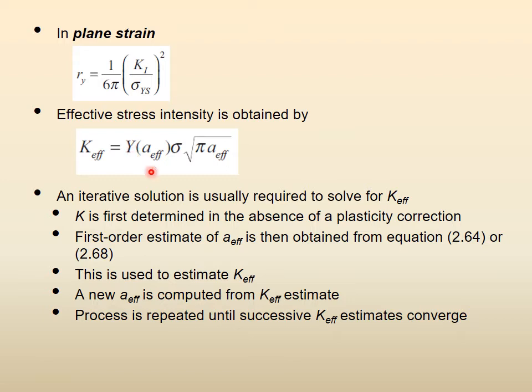So Y is a function. So this is not A effective multiplied by Y of A effective. It is Y sigma root pi A. The equation is the same, but the A is A effective, and the Y inside the equation is a function of A effective, right? So if instead of the crack size A, you use A effective is equal to A plus Ry, then this is the K value.